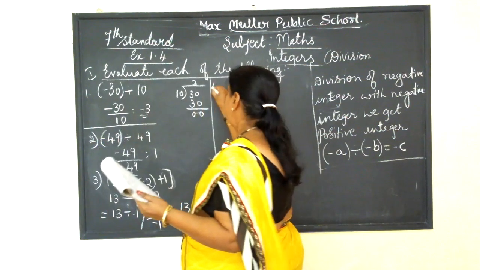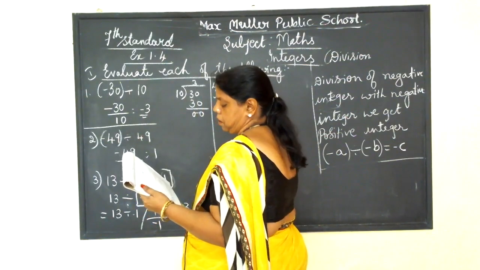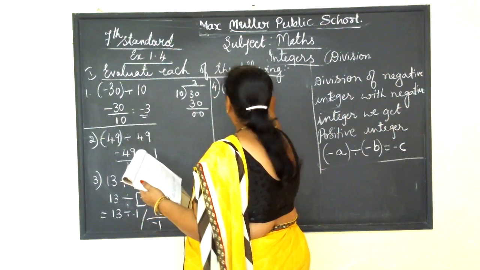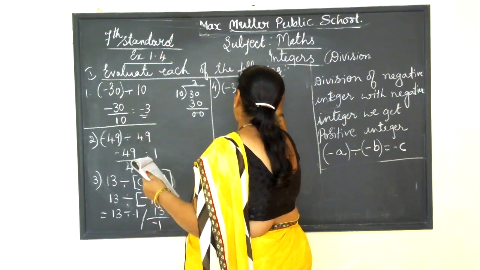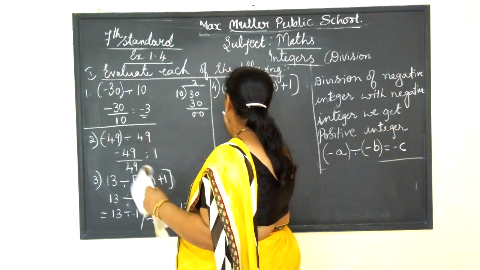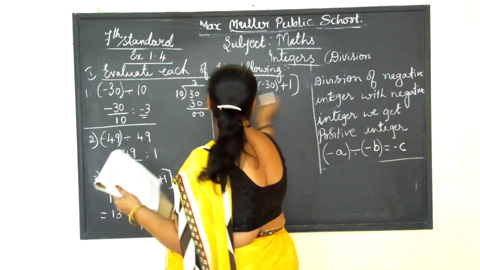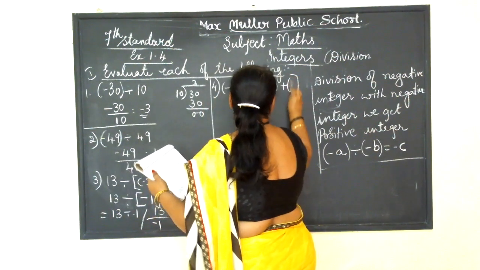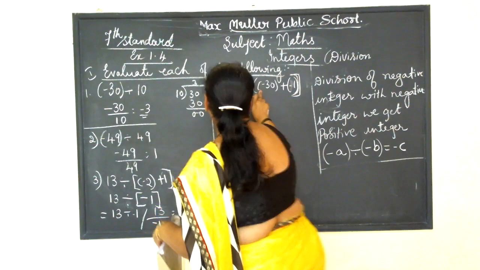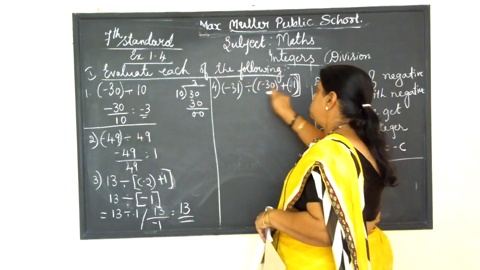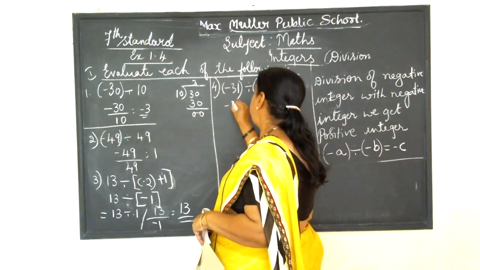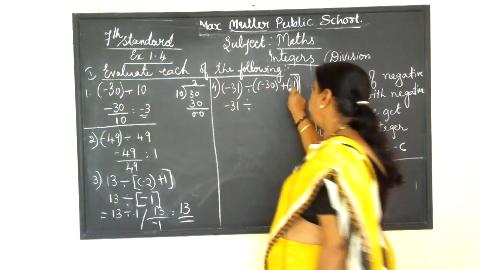Next, fourth sum, minus 31 divided by minus of minus 30 plus 1. Minus of both. See, minus 30 minus 1, plus. So, minus into minus plus, plus is 31. Minus 31 divided by 2 negative.